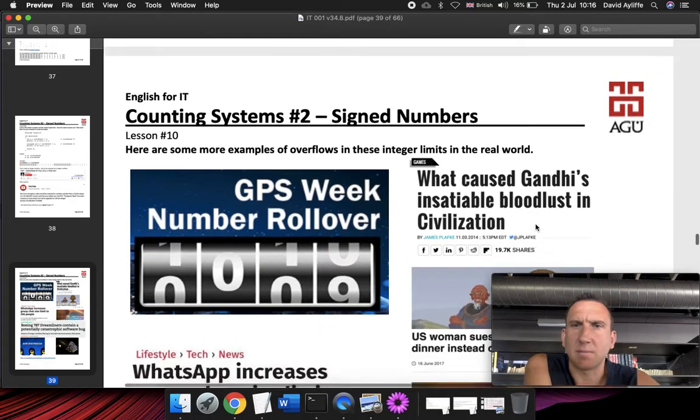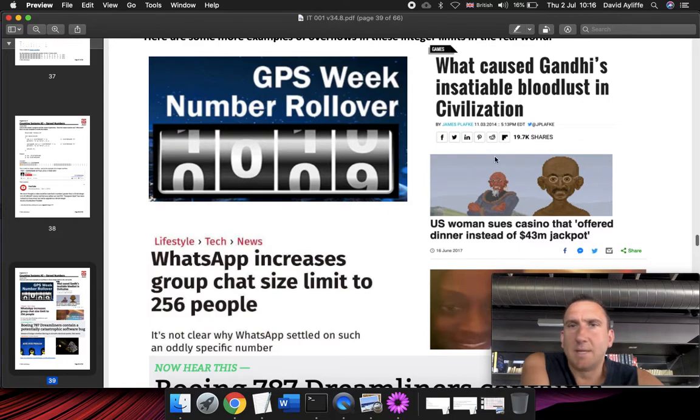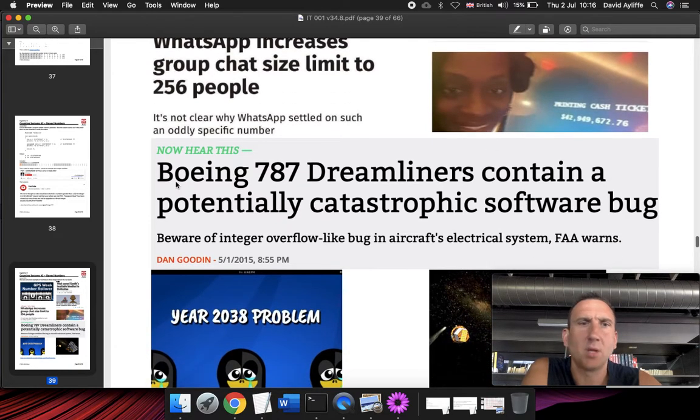Here we've got some examples of integer overflows. Gandhi, a character in Civilization, went on the rampage. That was a result of some integer overflow. A woman thought she had won 43 million on a slot machine. That's an integer overflow.